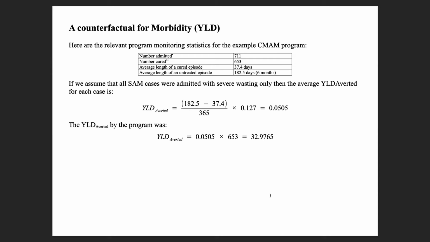And we cured 653 cases, and so we multiply that individually calculated YLD averted by 653, and we get 32.97, almost 33 years living with disability averted by the program.